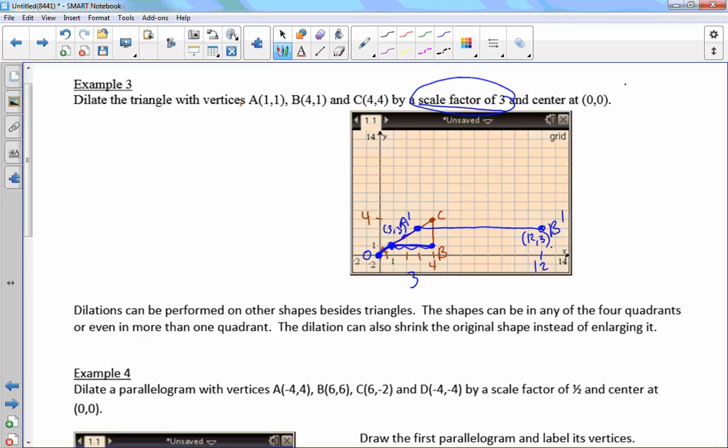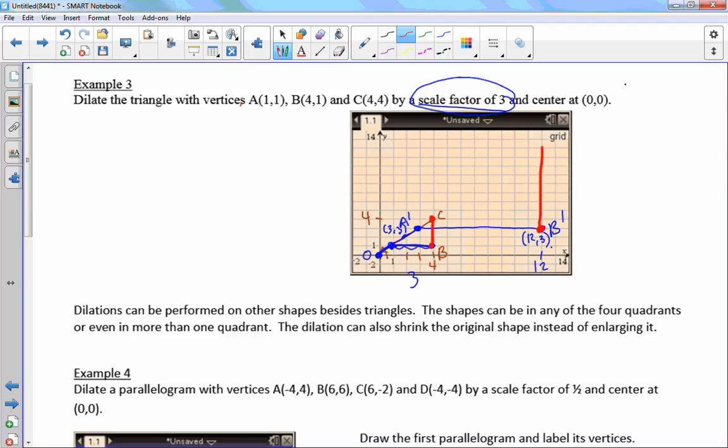Okay, where would C prime be? 9 units up from B, that's a good way to explain it, because B to C is 3 units, and we already have B's locked, B prime's locked in position. So we take 3, multiply by the scale factor, and get 9. So if I'm on height of 3, I should end up on a height of 12.